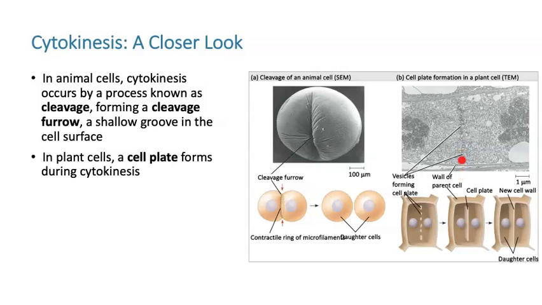As telophase is happening, the vesicles form all along here in a three-dimensional structure. Eventually, by the time cytokinesis is done, you have a full and complete cell wall, and that allows you to have two new cells. So the cell plate forms during cytokinesis in plant cells, and a cleavage furrow forms during cytokinesis in animal cells.